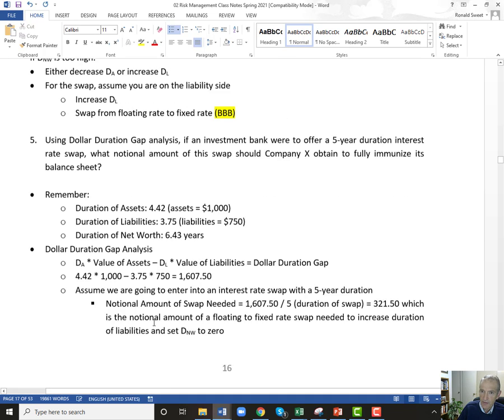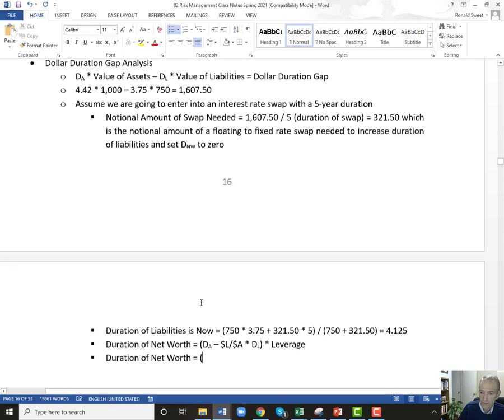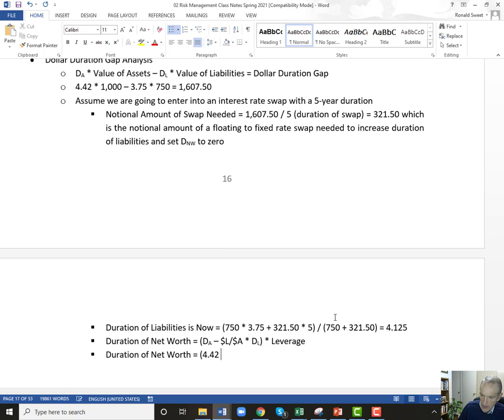The duration of assets, remember, is 4.42, minus the dollar amount in liabilities. Well, now our liabilities are 750 plus 321.5. We divide that by the dollar amount in assets, that's $1 billion. We take all of that and multiply by our new duration of liabilities, which is 4.12505. You multiply that by leverage, but if we did it right, everything in here is going to equal 0.